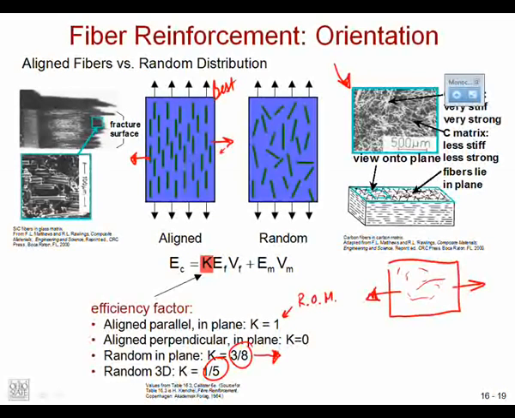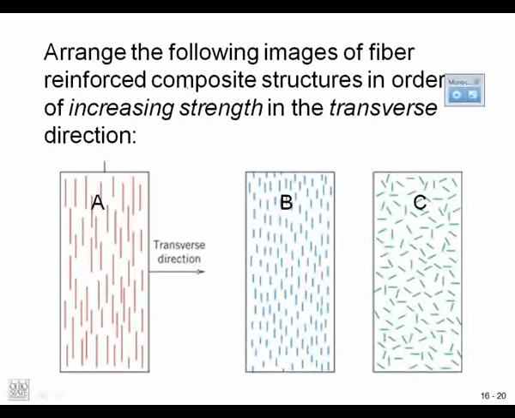This is a very common situation. You can think of it as a little less than half as good as if we had them oriented. Just a good rule of thumb for those sandwiched panels.